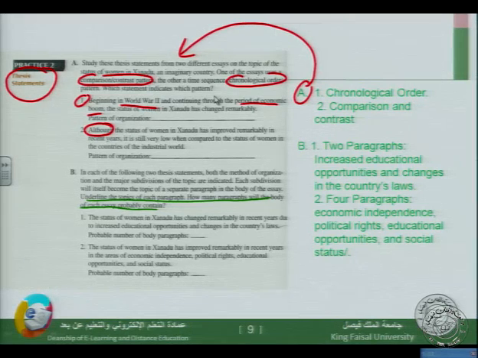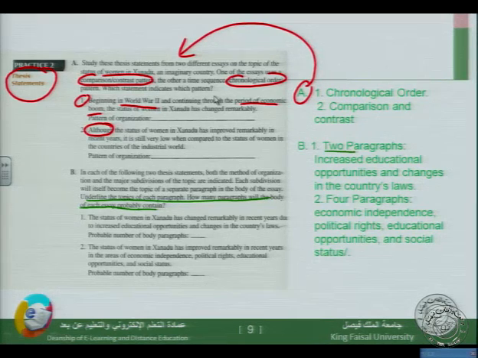We have a few differences. The status of women in Alexandria has changed remarkably in recent years due to increased educational opportunities and changes in the country's laws. What is the probable number of body paragraphs? الآن how many body paragraphs may this thesis statement probably contain? 2 paragraphs.